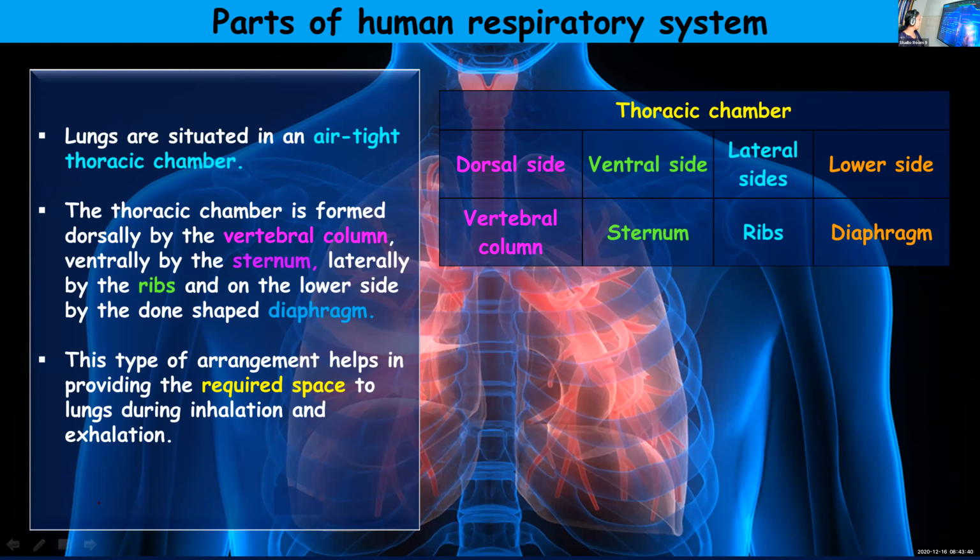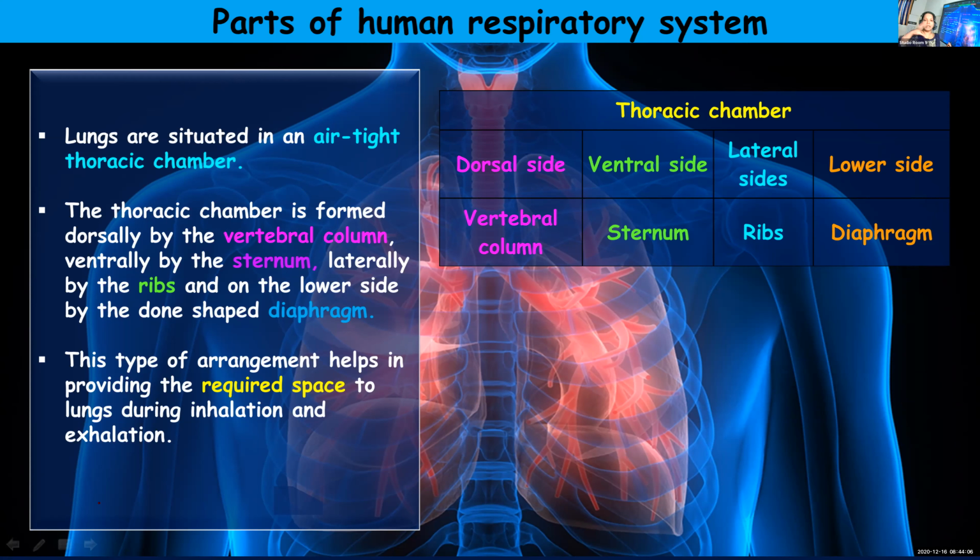This type of arrangement helps in providing the required space to the lungs during inhalation and exhalation. You know, during inhalation, we take in oxygen, and during exhalation, we breathe out. So when inhalation and exhalation take place, the lungs have to expand and contract. When you inhale, the lungs will expand.